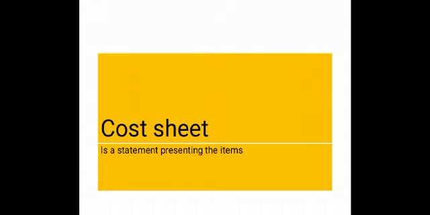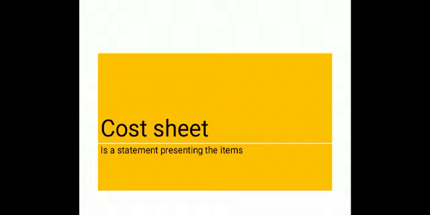Anyway, the cost sheet is a statement presenting the items entering into the cost of products and services, analyzed by their elements, functions and even by their behavior, that is fixed and variable. It brings out the composition of total cost in a logical order.